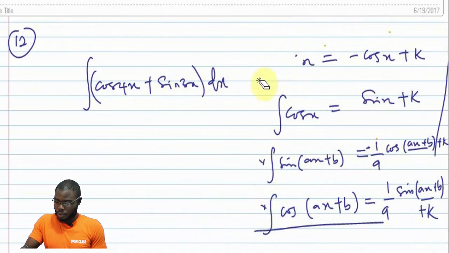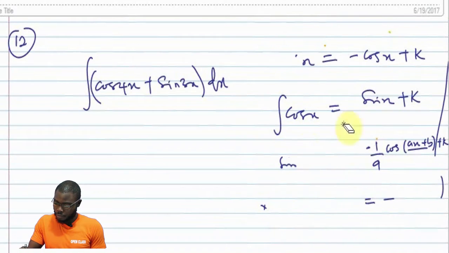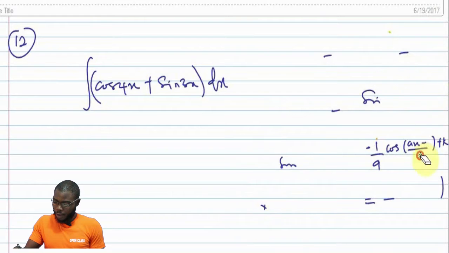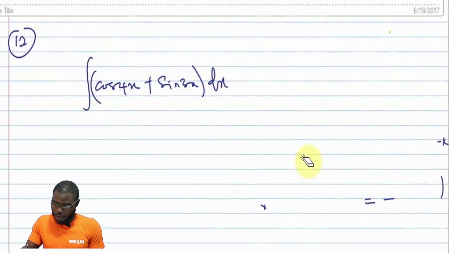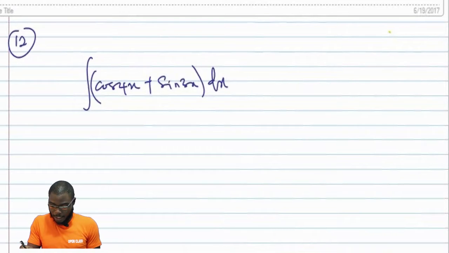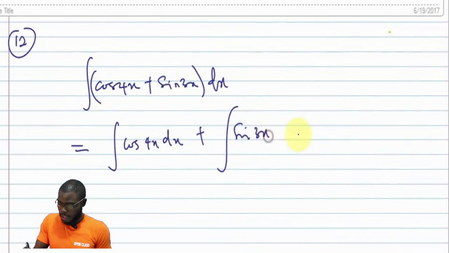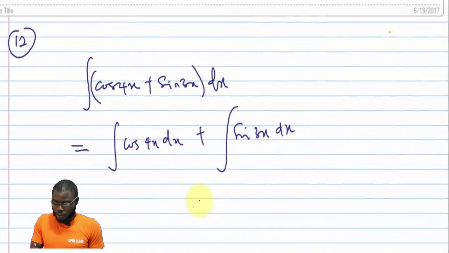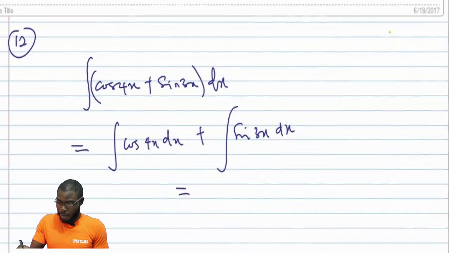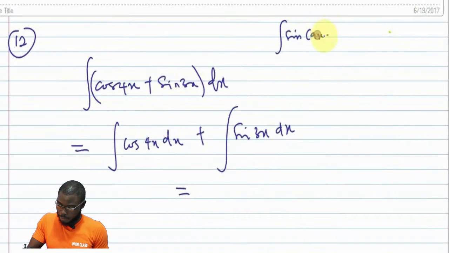Let me clear this up so I can have some space. So we have the integral of cos 4x plus sine 3x. You break them down: the integral of cos 4x dx plus the integral of sine 3x dx. Remember the principle with ax plus b: here a is 4 for the cos, and a is 3 for the sine. For sine, we said it is minus 1 over a, then cos of ax plus b.